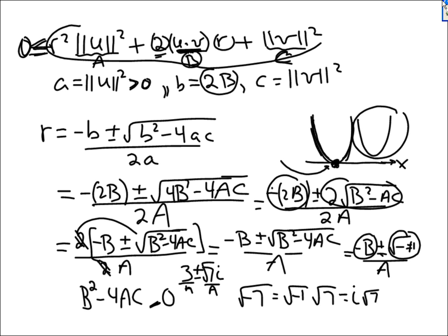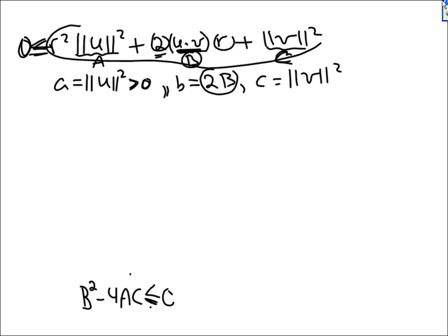So to get no roots, we want what's underneath the square root sign to be negative. To get one root, we want it to be 0. So b squared minus ac must be negative. So let us write that down. b squared minus, it was just minus ac, I'm sorry.